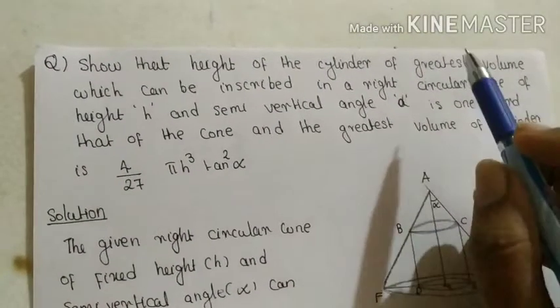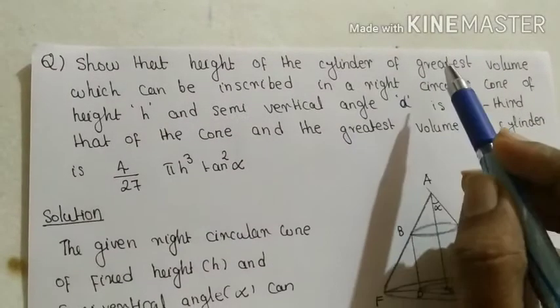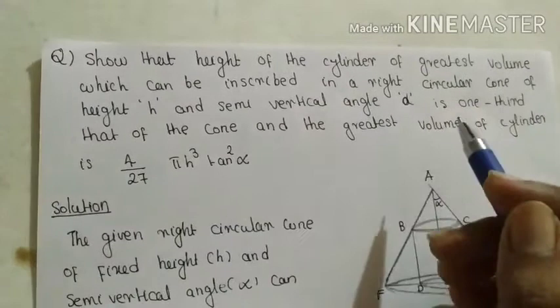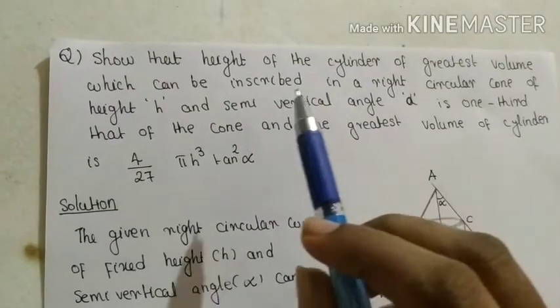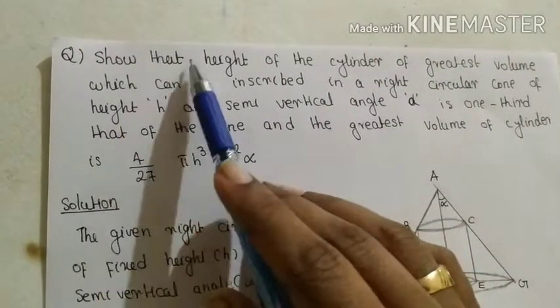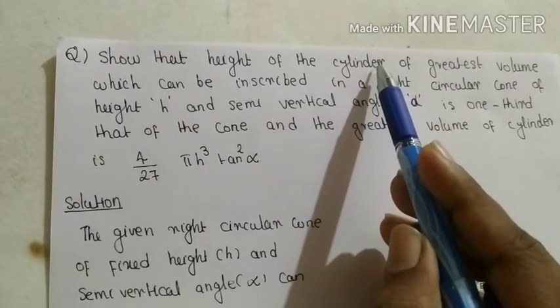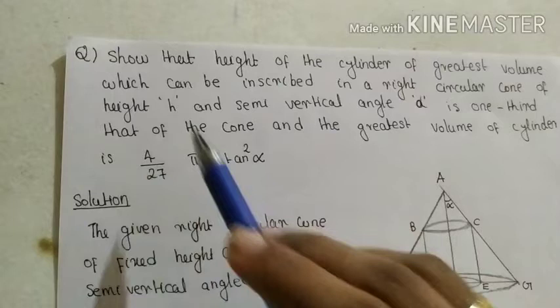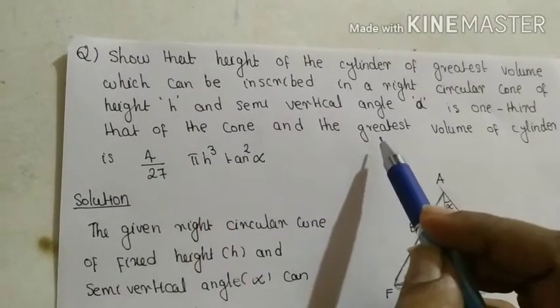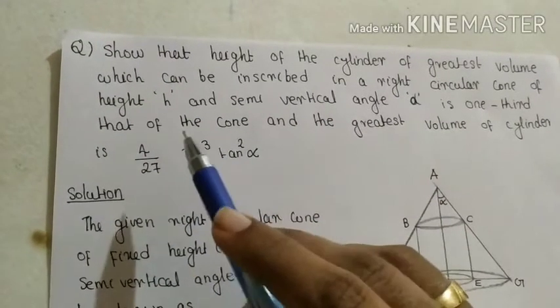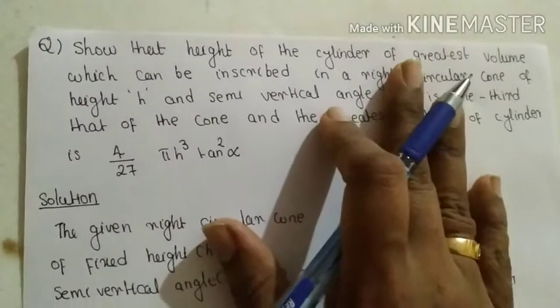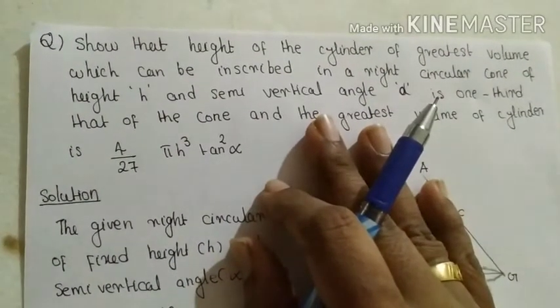So, given that the cylinder has greatest volume, we need to show that the height of the cylinder is equal to h by 3 and the greatest volume of the cylinder is 4 by 27 pi h cube tan square alpha. Okay, so let's start the solution of this question.